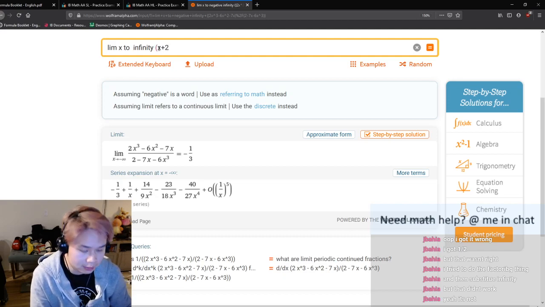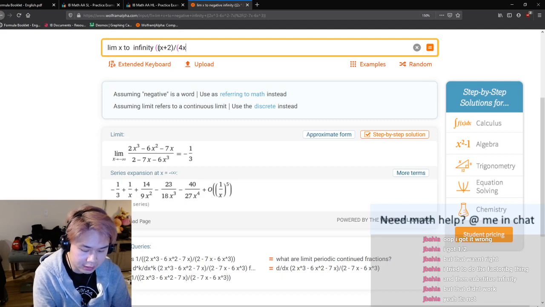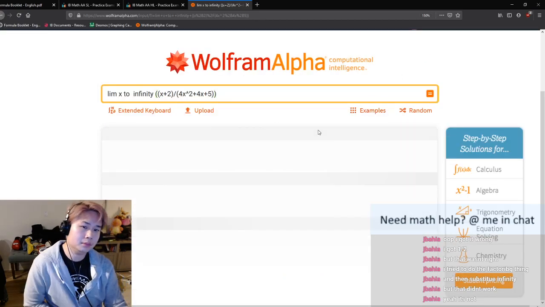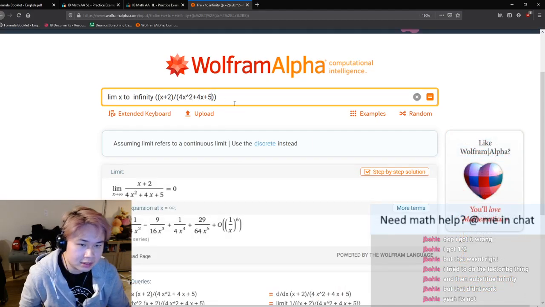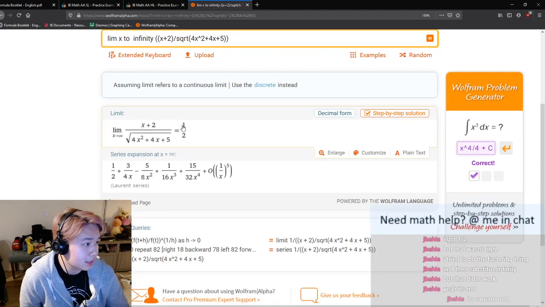So what is it, x plus 2 over 4x squared, and then some other stuff, plus 4x plus 5. Oh, oops, and then square root. Oh no, it says 1/2.